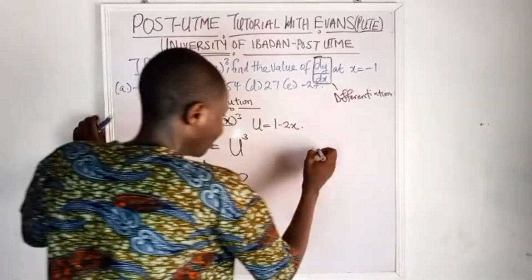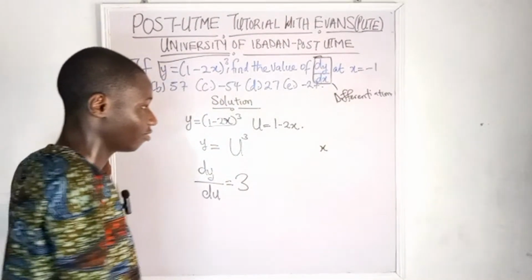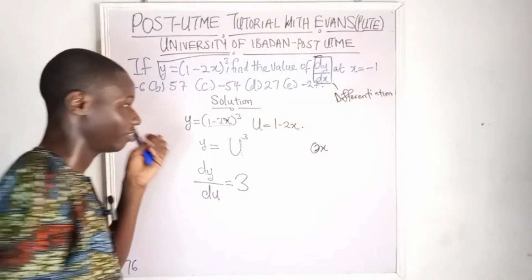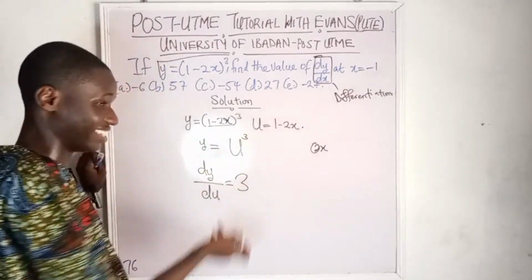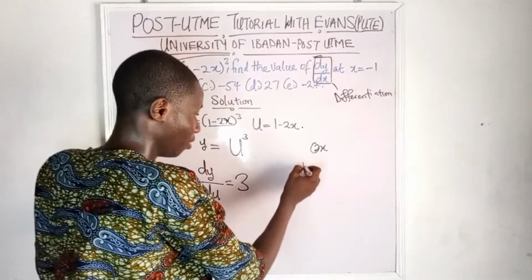If I have x like this, the coefficient of x is 1, but if I have 2x, the coefficient is 2. Do you understand the logic? So the coefficient of u here is 1, but you don't need to write it. It's just like saying I have 1 pencil.